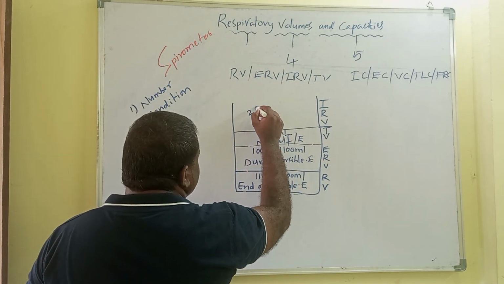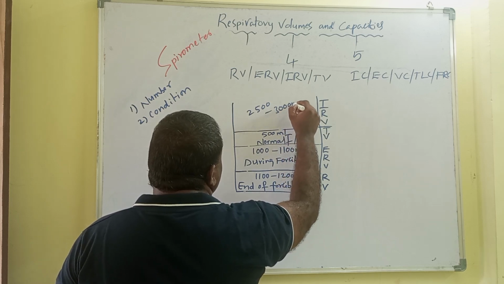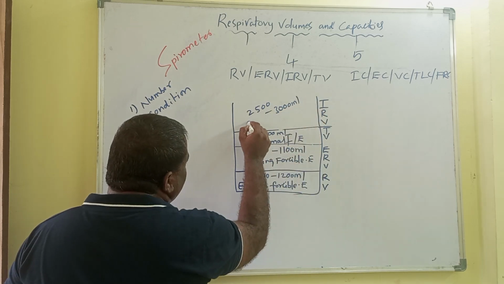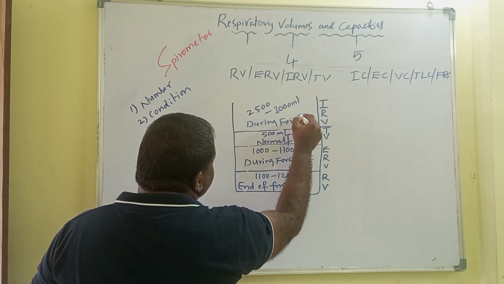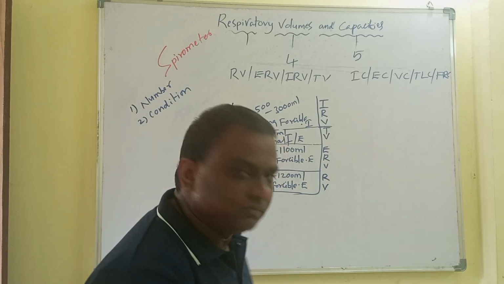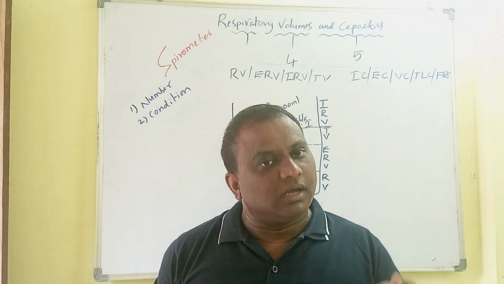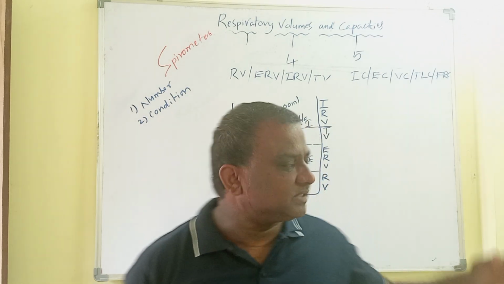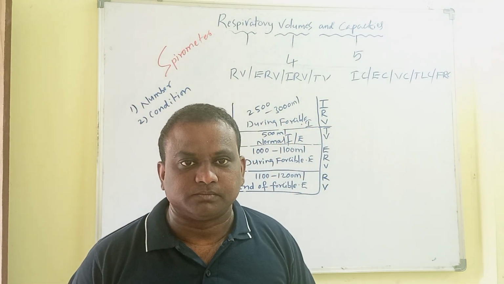It is 2500 to 3000 ml of air that comes into the lungs during a forcible inspiration in addition to tidal volume. In the same way, after normal inspiration there is a forcible inspiration. That is inspiratory reserve volume.